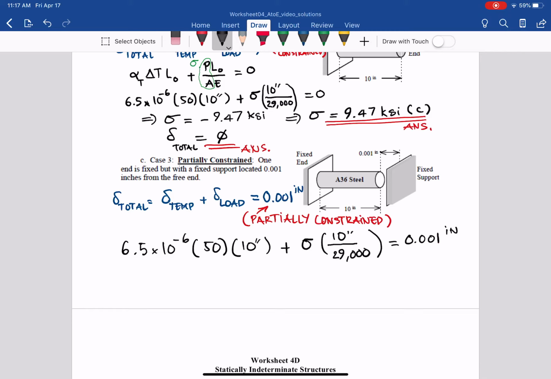And from that we can have sigma equal to negative 6.55 KSI, and it makes sense.